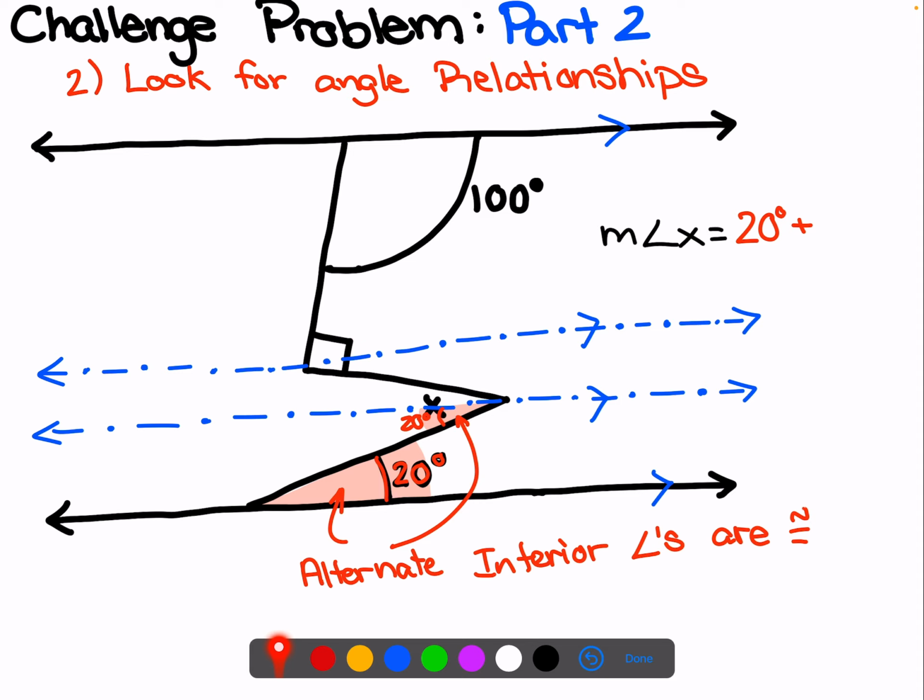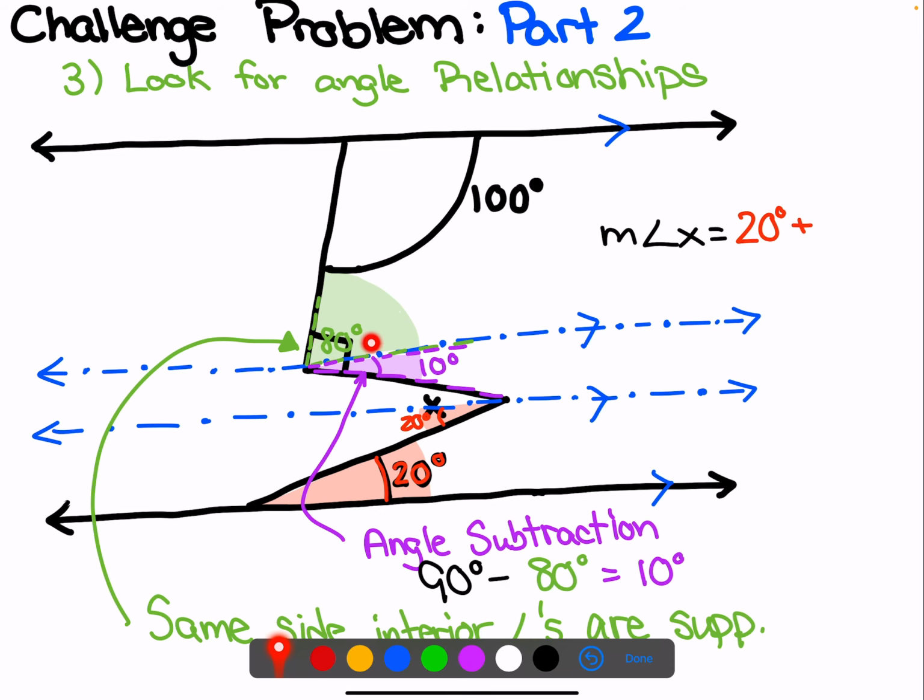So if this is 100 degrees, this top piece should be 80 because their sum is 180 degrees. So this top piece will be 80, which I drew in green because same side interior angles are supplementary, which leaves this bottom piece as 10 degrees because again, it's a right angle. If I've already used 80, that leaves 10 remaining here. So I just did angle subtraction.